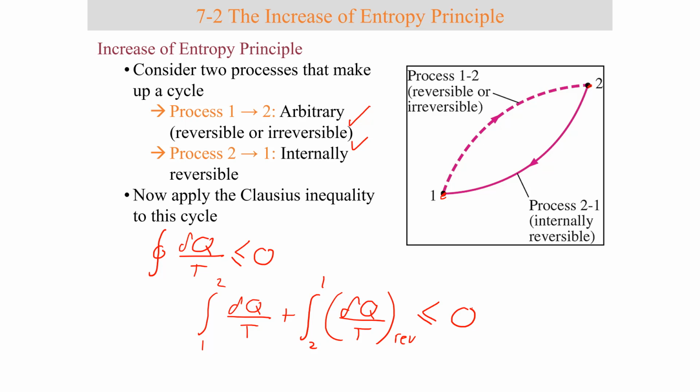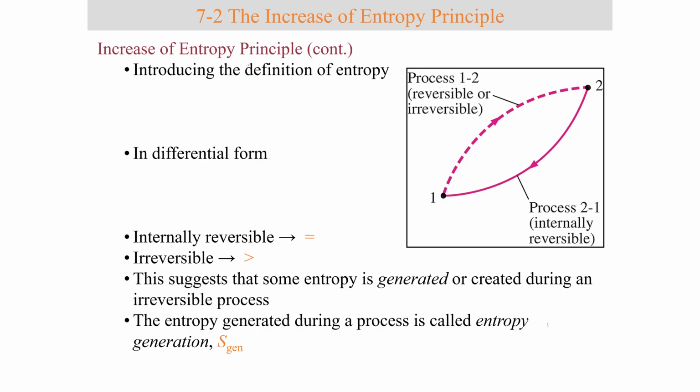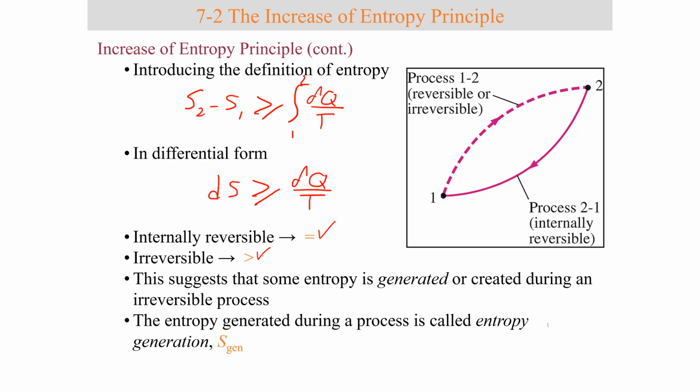If I continue that, I find that for process 1 to 2, my change in entropy has to be greater than or equal to the Clausius integral. Or I can also put this in differential form. So this inequality becomes an equality for internally reversible, and it becomes greater than for irreversible.